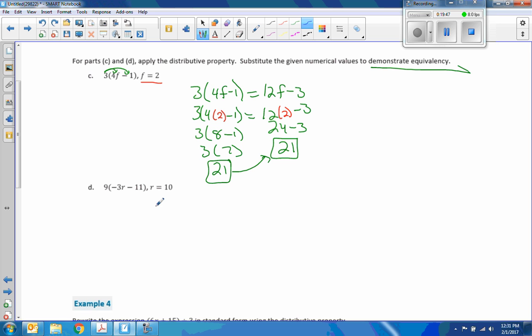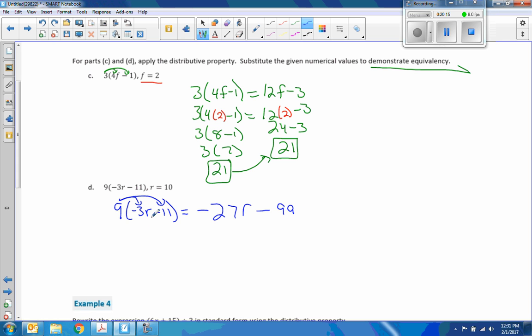So this one here, I'm just going to write 9, negative 3r minus 11. I just rewrote it. I'm going to distribute. Positive times a negative equals a negative. 9 times 3, 27, put the variable after. Positive times a negative, negative 9 times 11, 99.